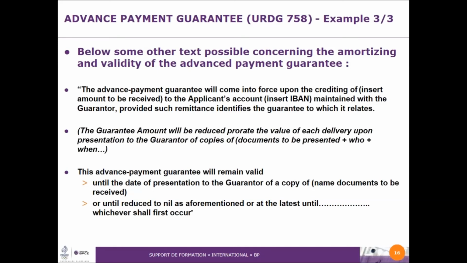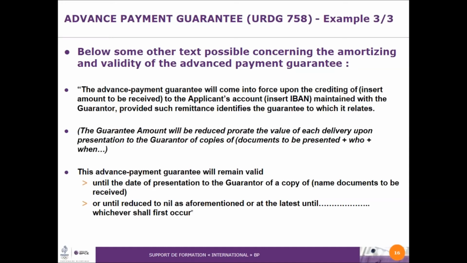Okay, so you'll find on this slide some variants of possible text, such as the guarantee amount will be reduced pro rata to the value of each delivery upon presentation to the guarantor of copies of, and you'll have to list the documents to be presented.